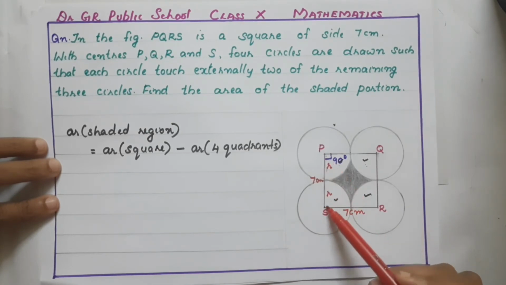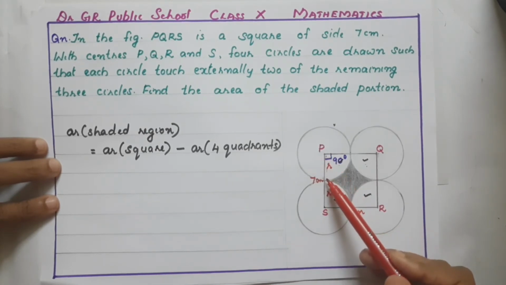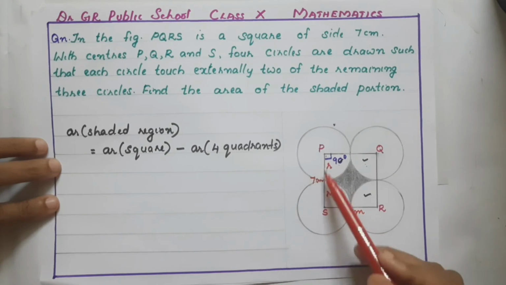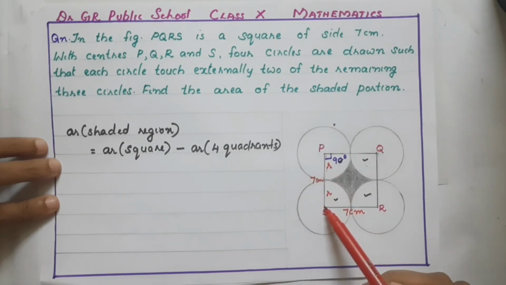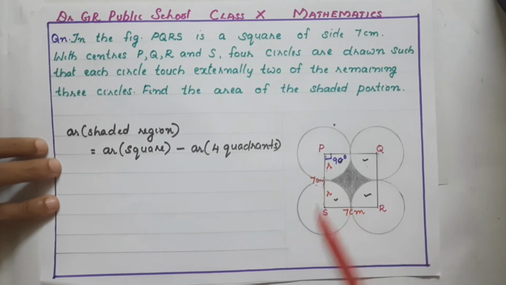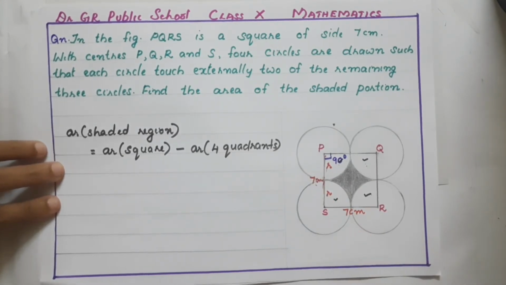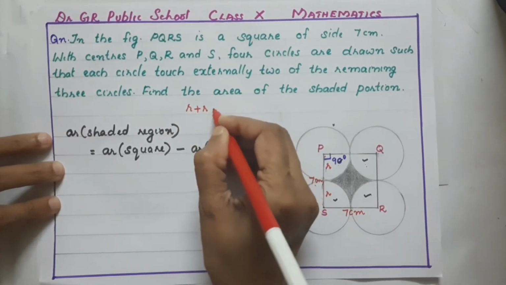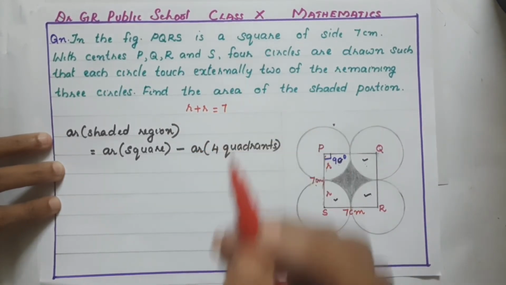Now look at this figure. When we add these two equal radii, we get the complete side of the square. Isn't it? So R plus R gives 7 centimeter. So R plus R equal to 7.